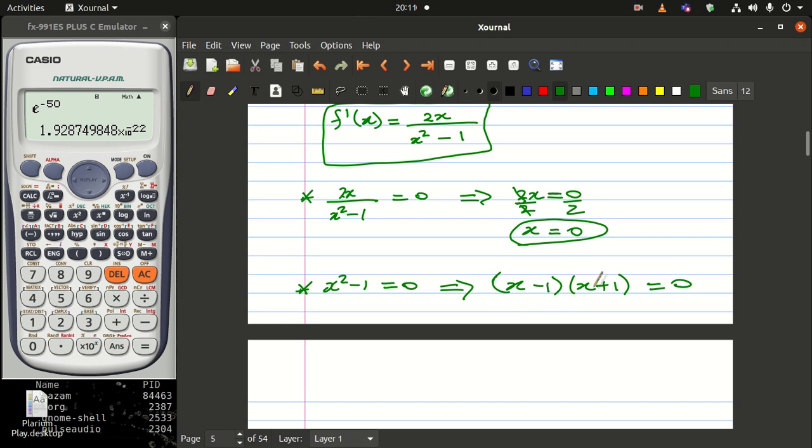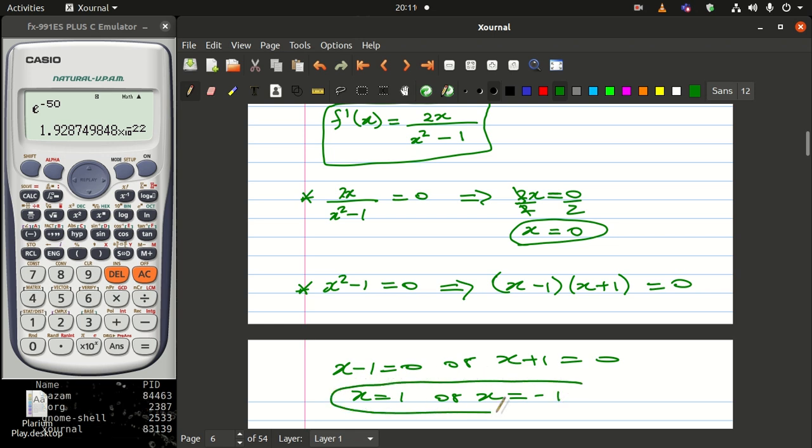This whole thing is going to be 0 when this is equal to 0 or that is equal to 0, or both, which means that x minus 1 is equal to 0 or x plus 1 is equal to 0, in other words, when x is equal to 1 or when x is equal to minus 1. So we also have these two critical values.